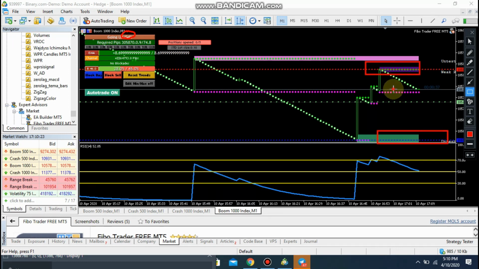We check the support and resistance, this one, and the big one too, this one. Also, after taking your trade, press reset here to prepare for the next signal.